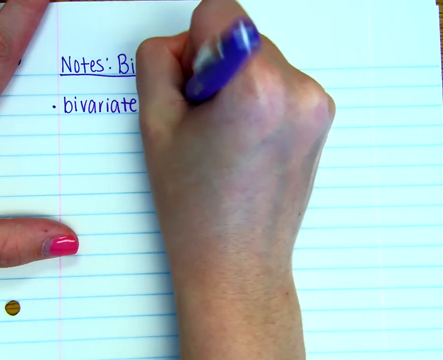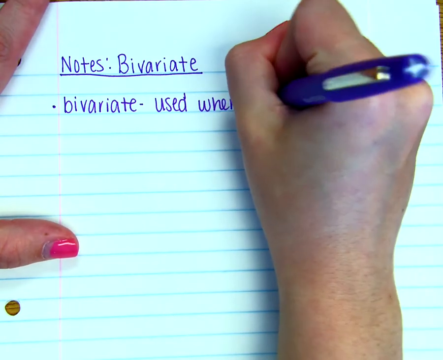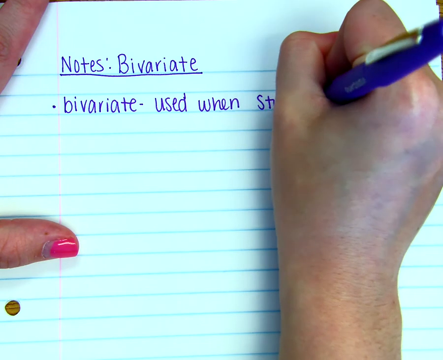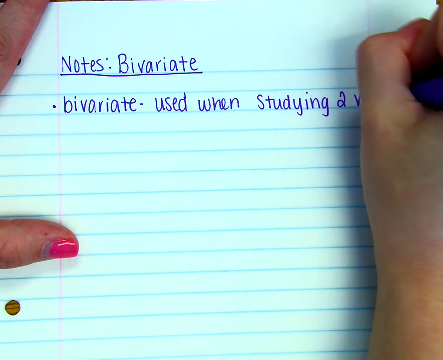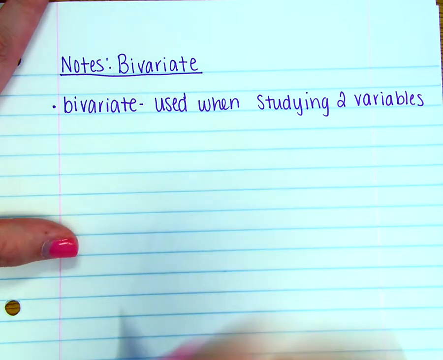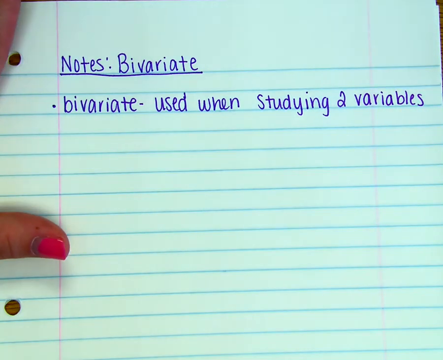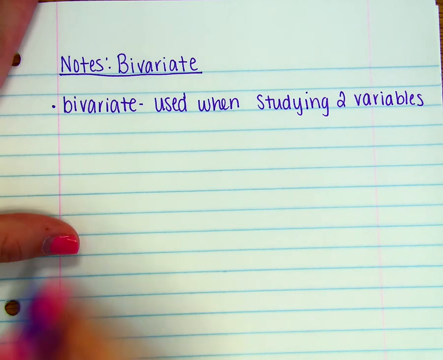Bivariate is used when studying two variables. Univariate, which we just got done, was one-sided, when we had one variable. Bivariate is when we have two variables.